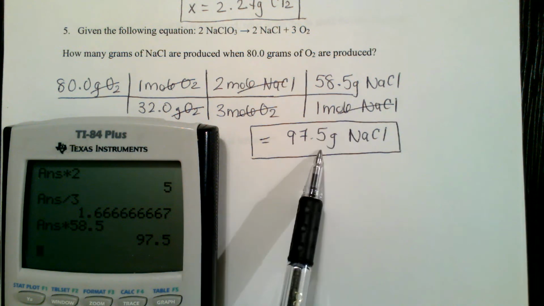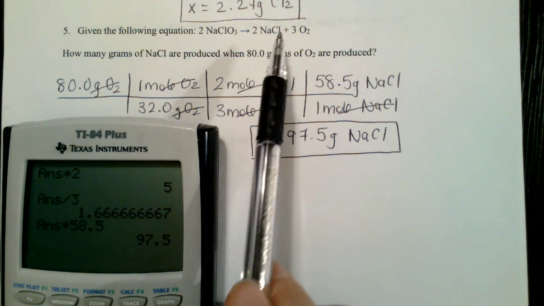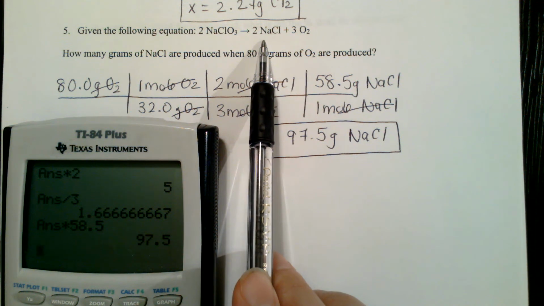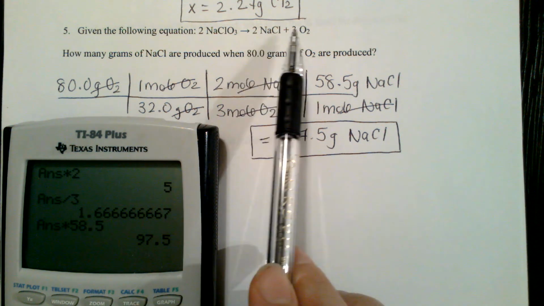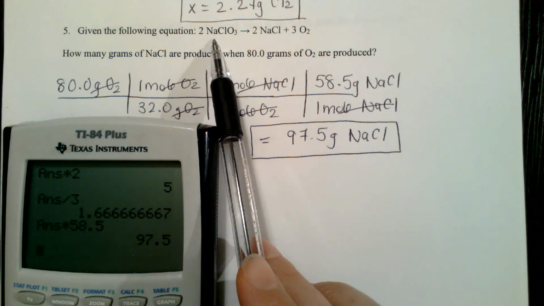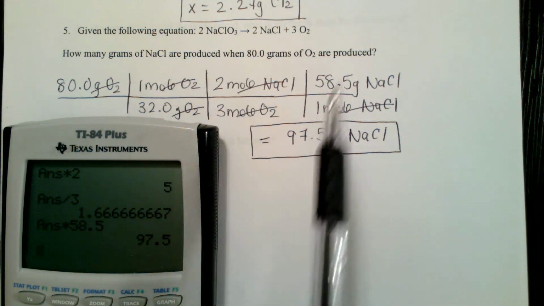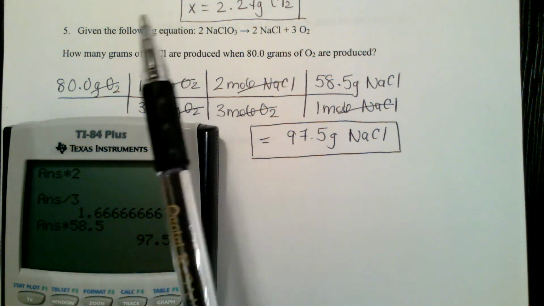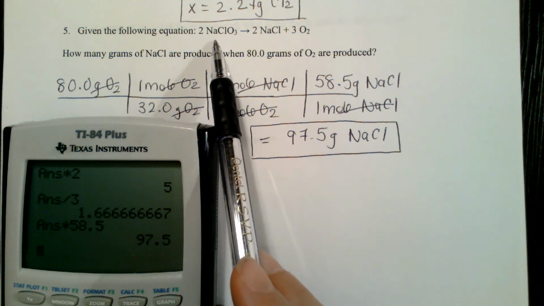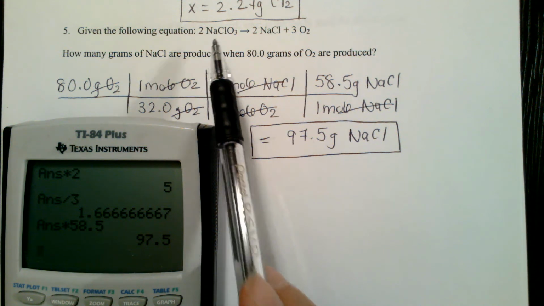Okay, so this is a problem where we could do what we did above. Okay, so we know the mass of oxygen produced, we know the mass of sodium chloride produced. So because we know both of these, we do know the mass of sodium chlorate we started with. So if we combine this mass with this mass, we will get the starting mass of sodium chlorate we use.